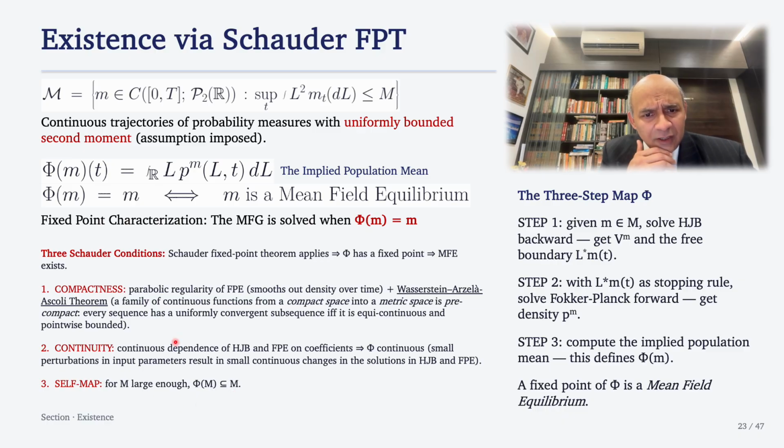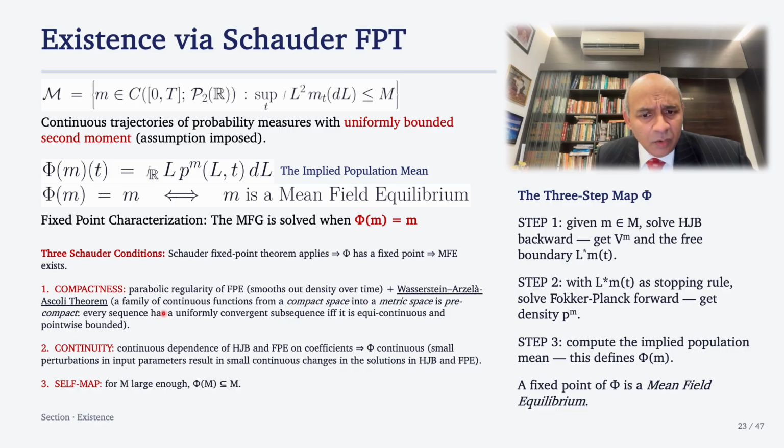So let's have a look at the three Schauder conditions for fixed point existence. The compactness: the parabolic regularity of the Fokker-Planck equation smooths out the density over time.